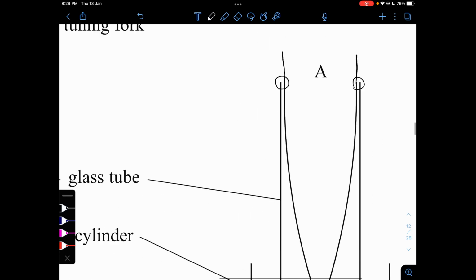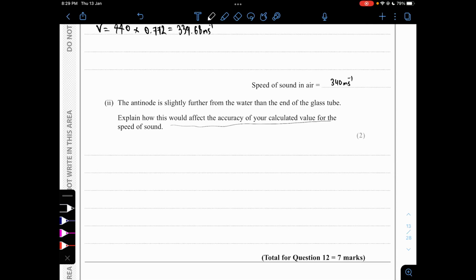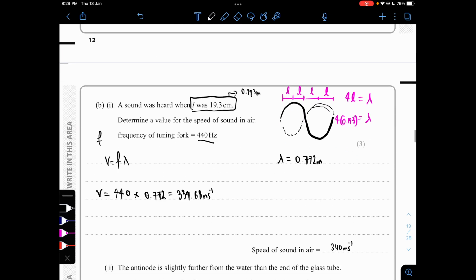That means the distance of L would increase, which means that lambda would increase, right? Because we know that lambda equals 4L.